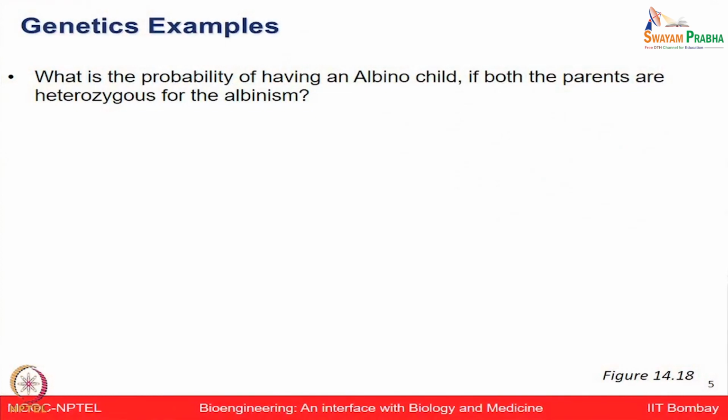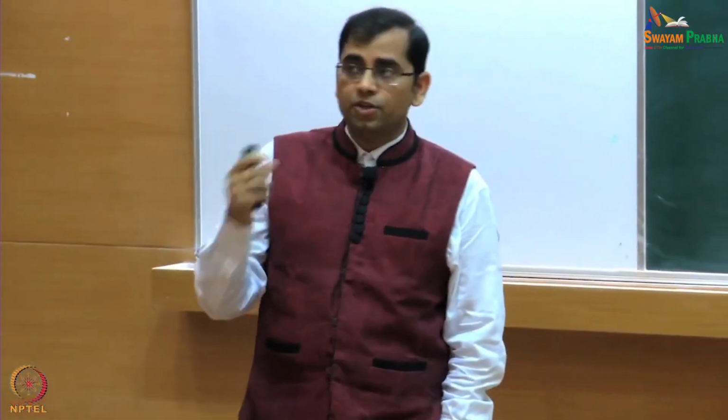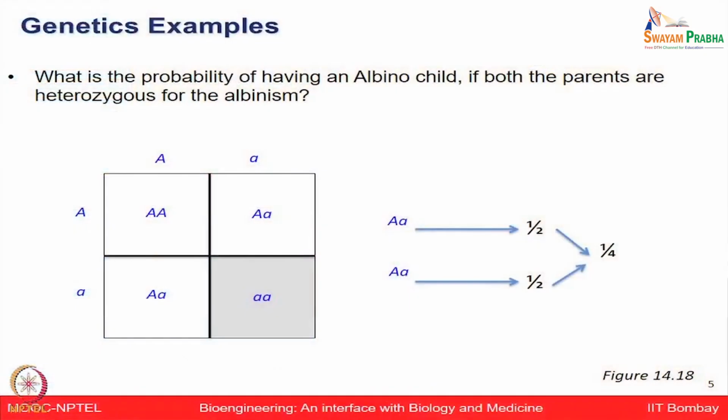Now, let's have some small simple questions for you. We talked about some albino child in the family. In this case, if both the parents are heterozygous for albinism, what will be the probability of the child being albino? Straightforward. Let's think a little bit of a different terminology now.